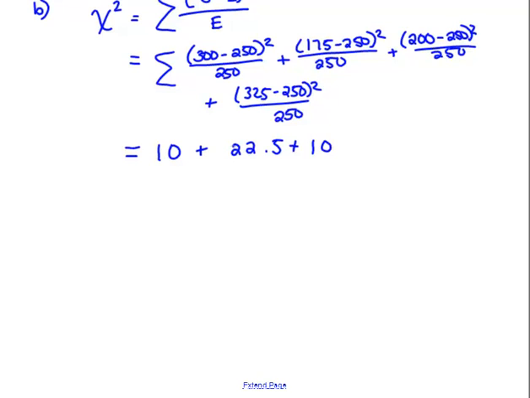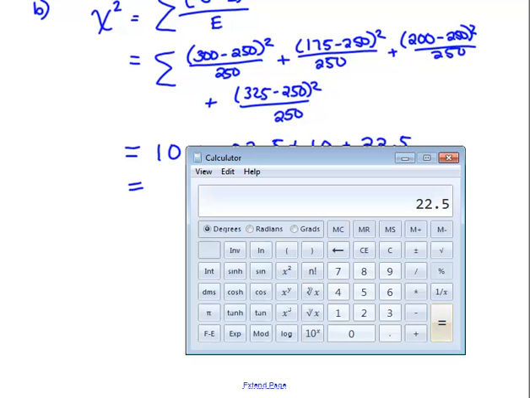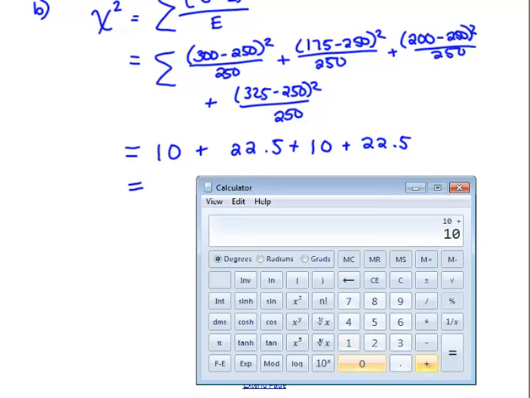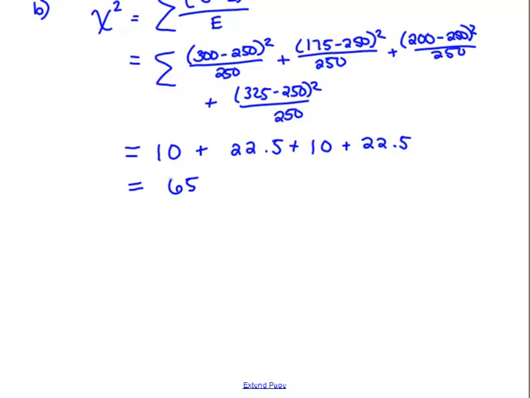And for the last group, 325 minus 250 is 75, squared divided by 250 is 22.5. So total, you have 10 plus 22.5 plus 10 plus 22.5, you get a total of 65. So this is your chi-square value. And again, the degrees of freedom are n minus 1, and there's 4 different phenotypic classes, so 4 minus 1 equals 3.